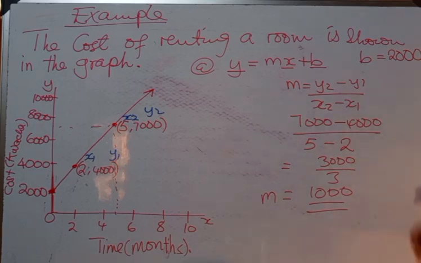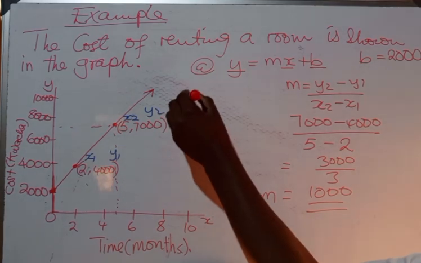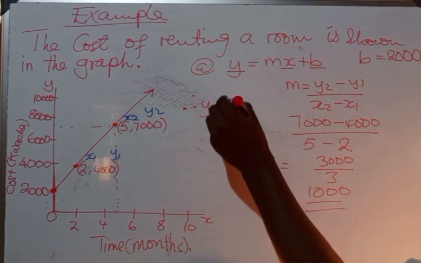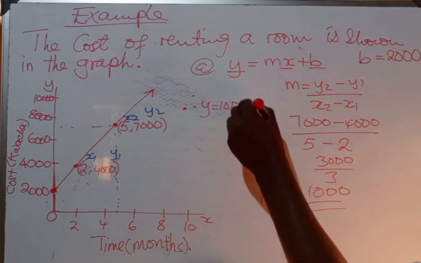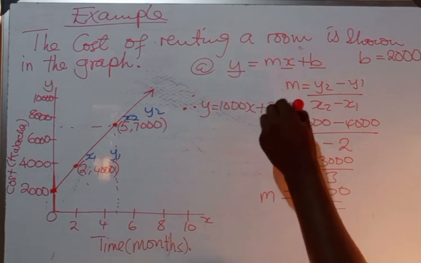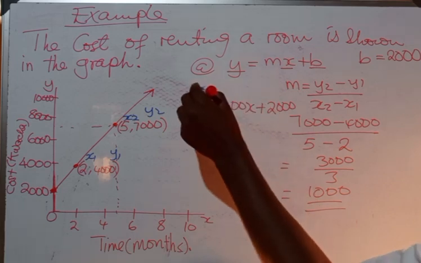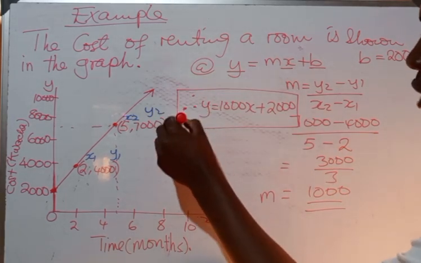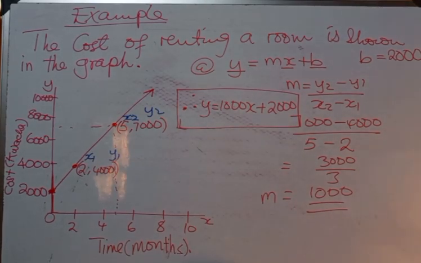Now coming to our equation, therefore our equation will be y is equal to 1,000x plus the value of b, which is 2,000. That is the constant value of that variation.